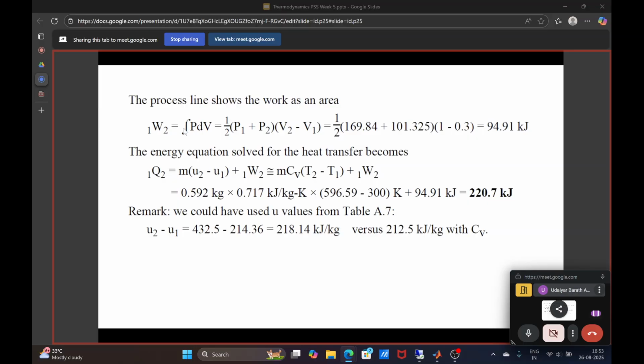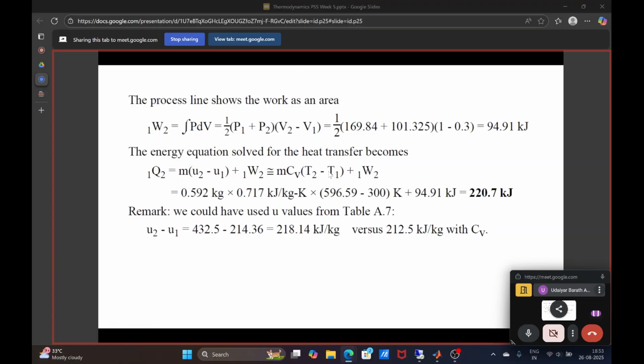Now in this process, what is the heat which is supplied? To find that out, we will apply the first law. The first law: heat is mass times change in internal energy plus the work done. This is applied just for the air.